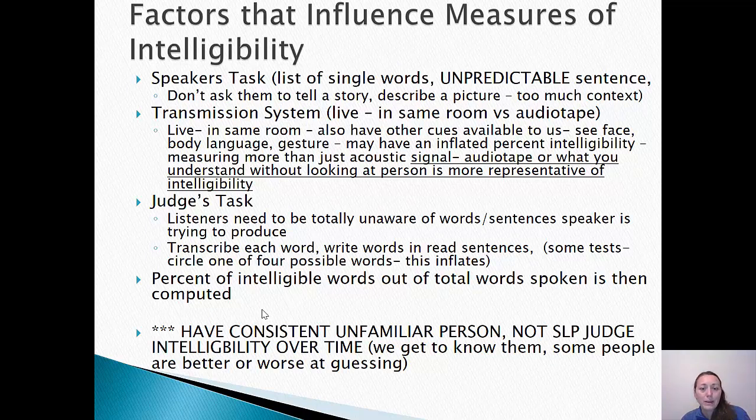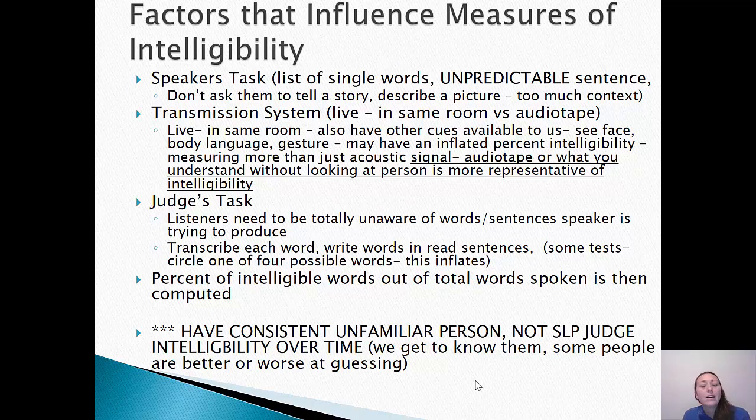And there's no perfect way to do intelligibility, because in the best sense possible, we would love to have an unfamiliar listener that's not the SLP judge intelligibility, and every time we're assessing it, from assessment all the way through therapy, we'd use that same unfamiliar person to judge. Well, guess what?